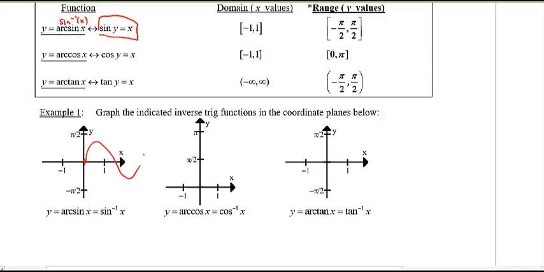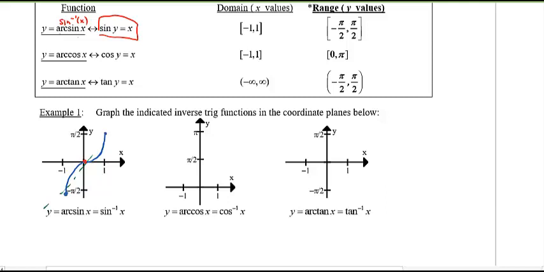So, if I asked you to do the inverse, you're going to reflect this in this line. So you hopefully will see some sort of graph like this, right? And then maybe over here like this. So ultimately now, if I were just to look at the graph of the arcsine, you should see something that looks like this.